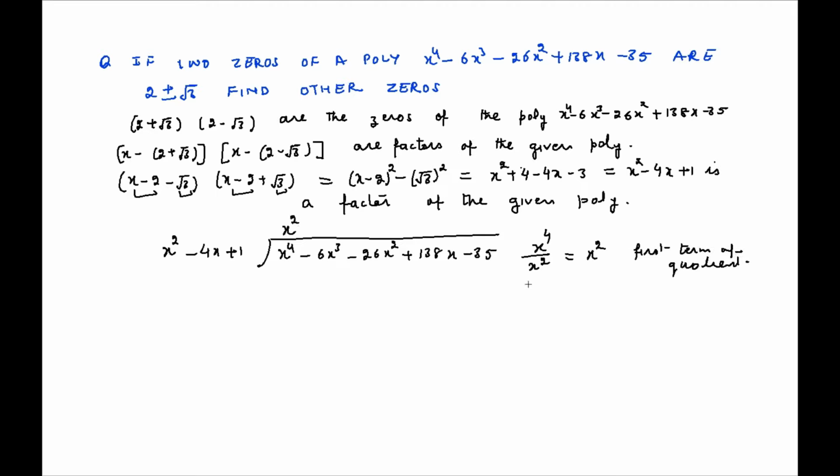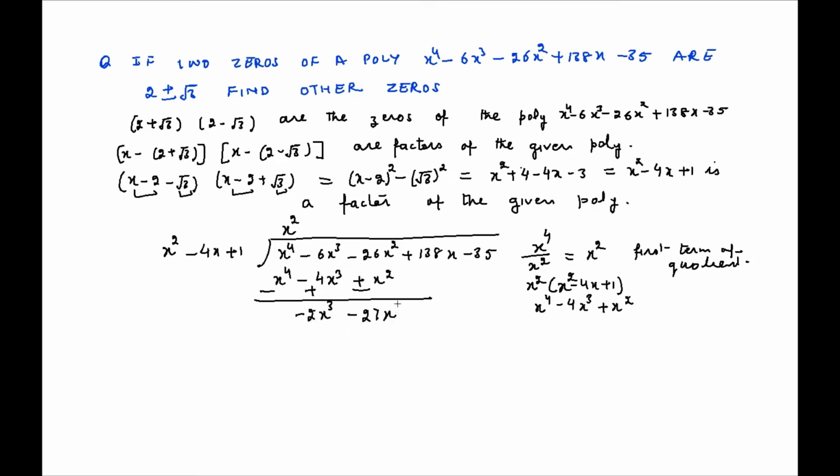So write x², multiply x² by x² − 4x + 1, you will have x⁴ − 4x³ + x². Change the sign. First term will be cancelled. You will have −2x³ − 27x² + 138x − 35.